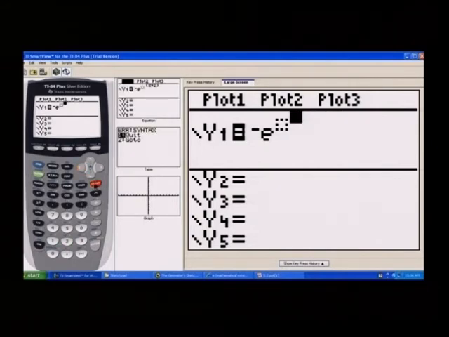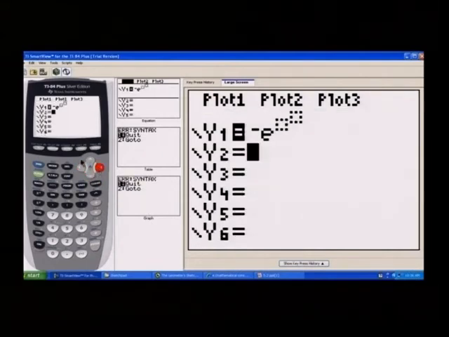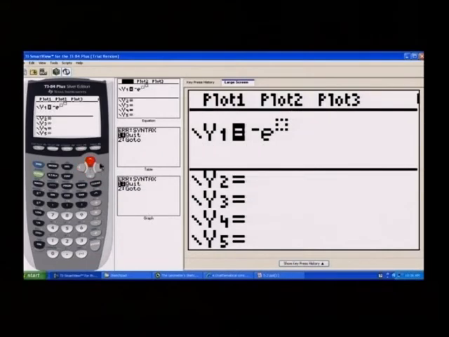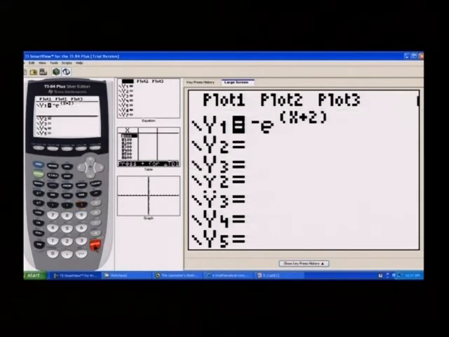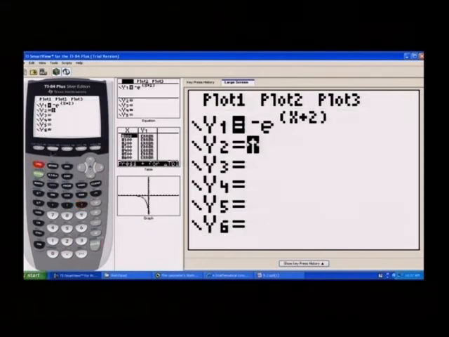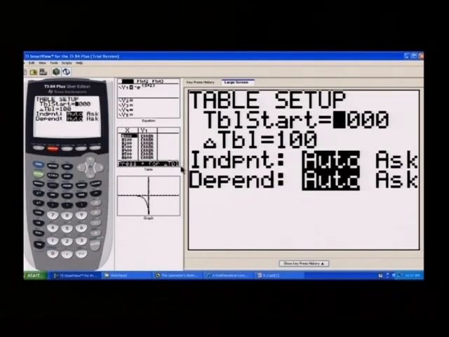Now let me just start. There we go. Negative e to the power of 2. And then let's reset our table. Remember, we have going up by hundreds.